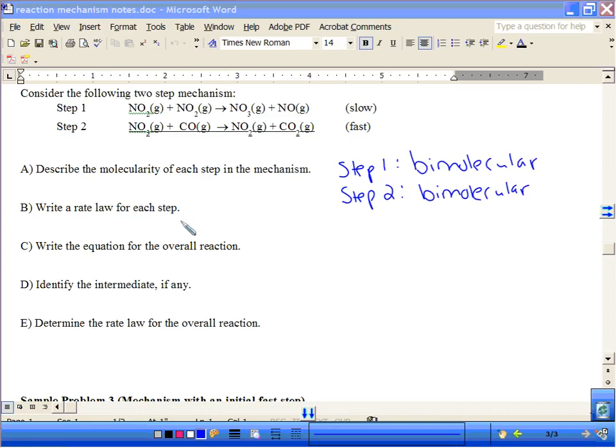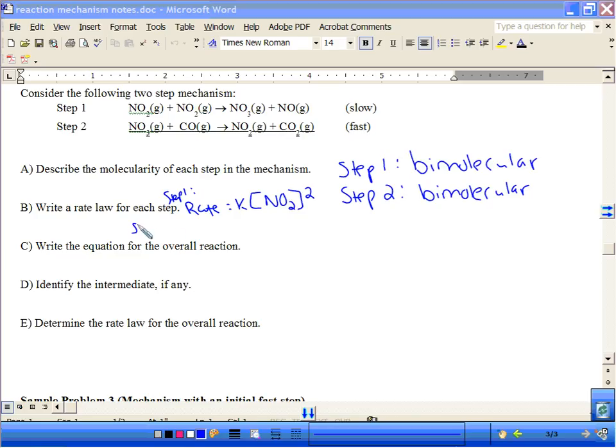For the rate law, for step 1, it would simply be rate equals k times NO2 to the first times NO2 to the first, because they're both the same. Which would simply be NO2 squared, because it's this one times this one.